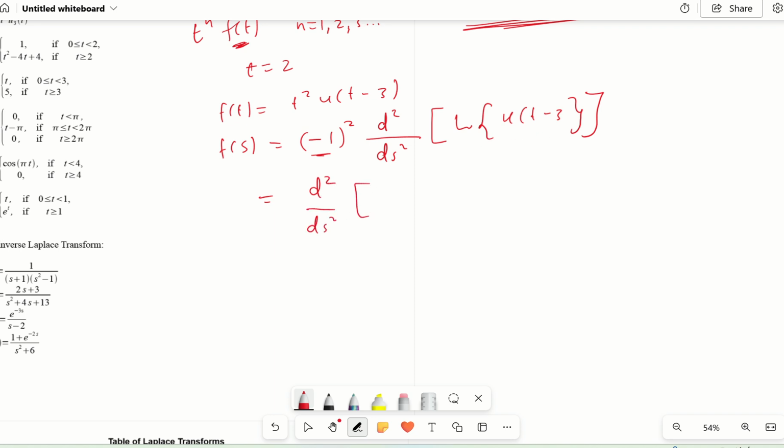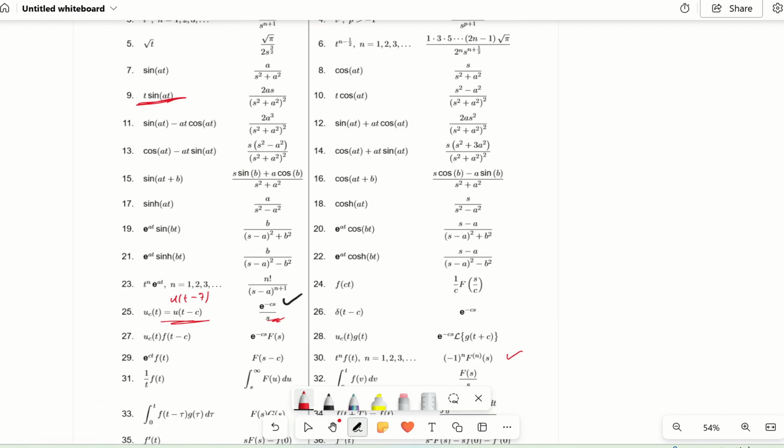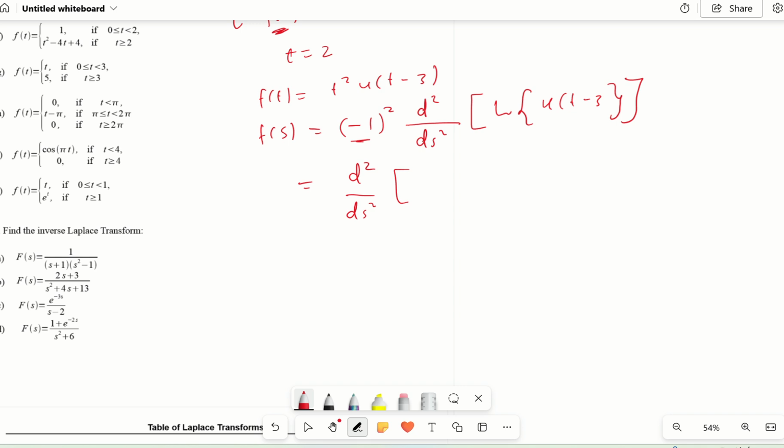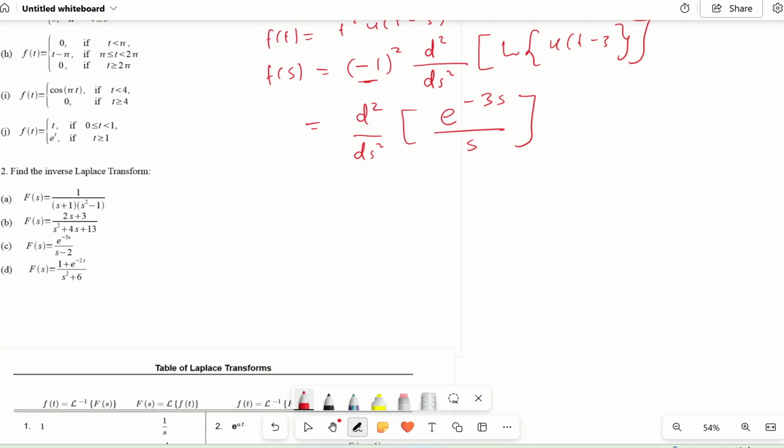And now I'm going to use 25. So it's e to the negative, now it's going to be 3s all over s. But I need to differentiate it twice. Let's differentiate the top part, minus 3 e to the negative 3s.